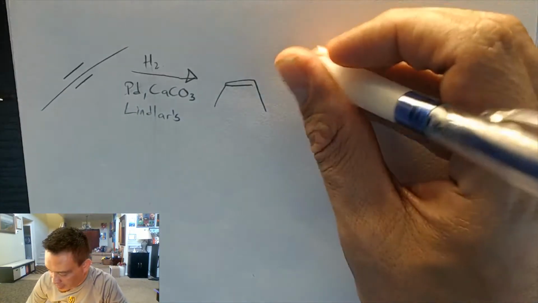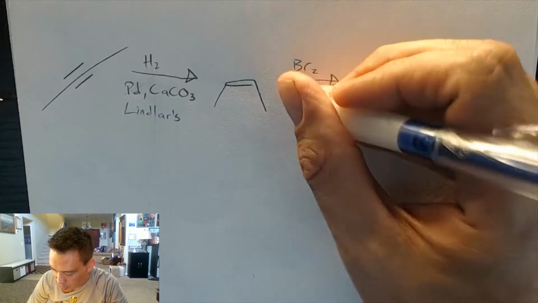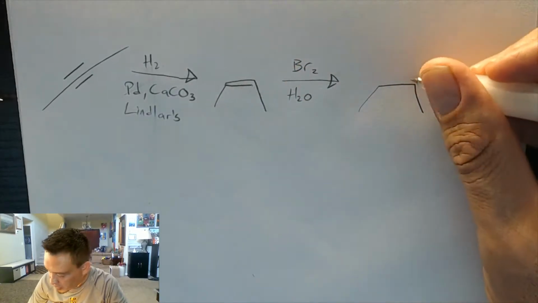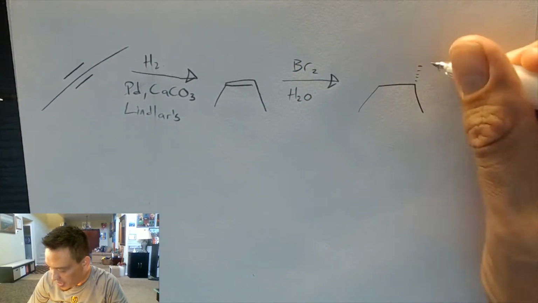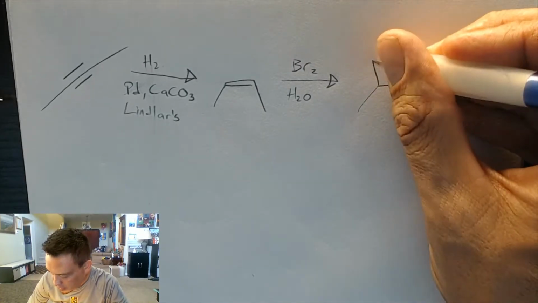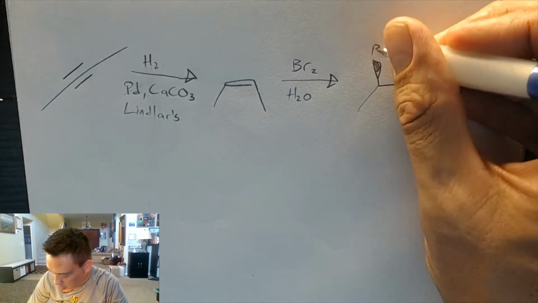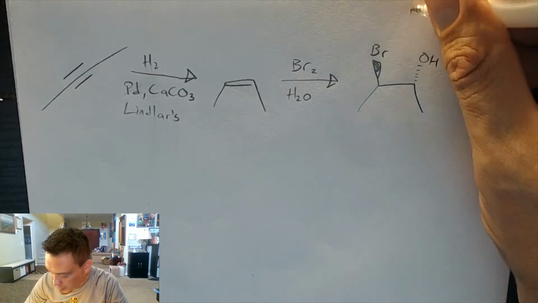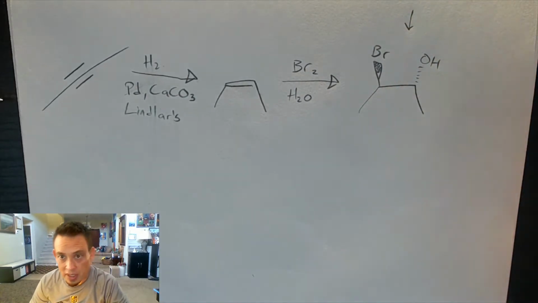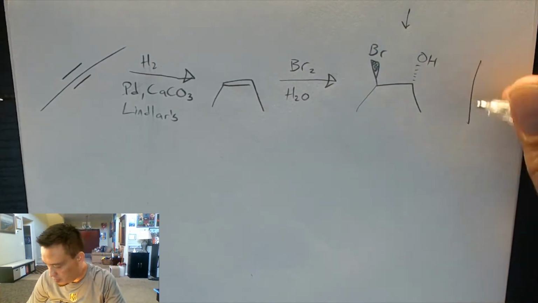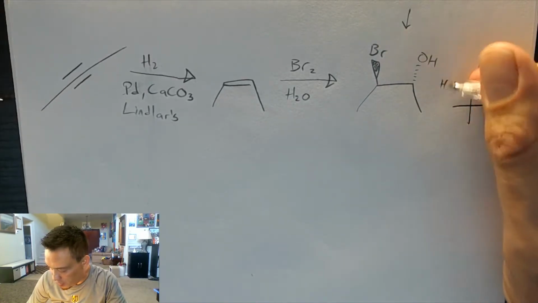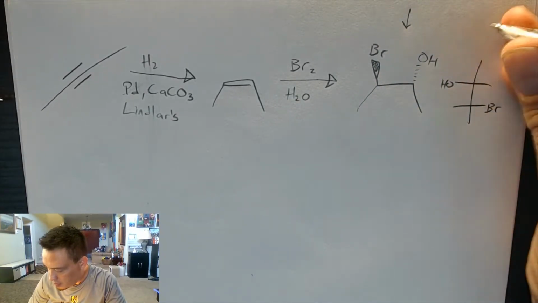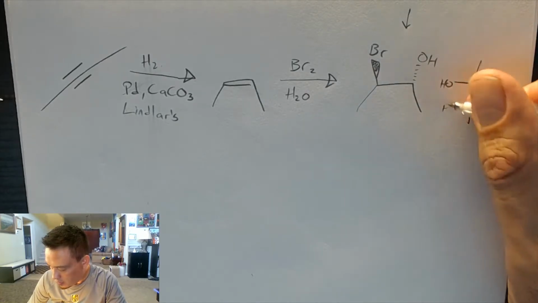Then the next step was simply Br2 in water. You are going to get an anti-addition. If you look at this one from the top perspective, OH is left, Br is right, like that.